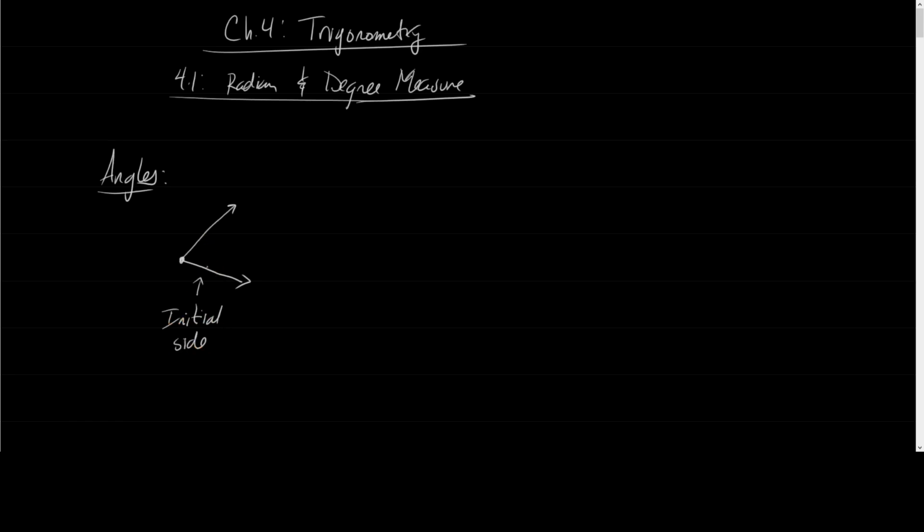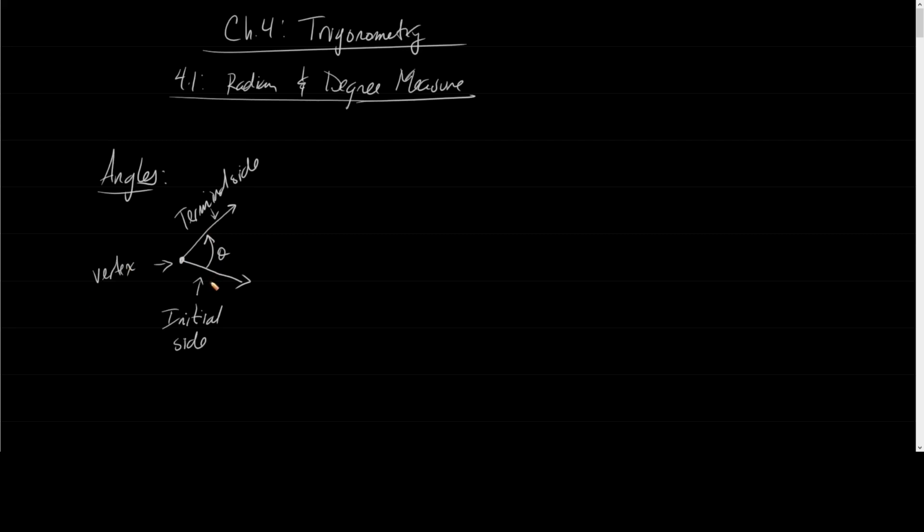The angle is measured out this way, and we're going to call that angle theta. And this over here is called the terminal side. The point at which they meet is called the vertex. And theta, when we measure this, is the angle itself.